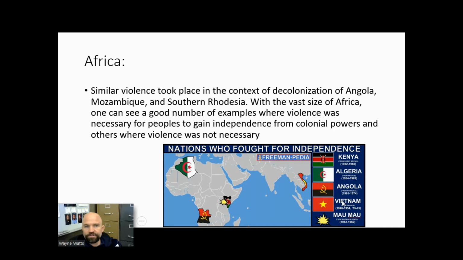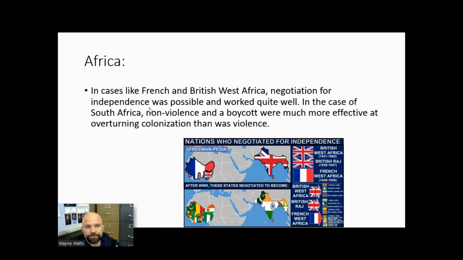Similar violence took place in the context of decolonization in Angola, Mozambique, and southern Rhodesia. With the vast size of Africa, one can see a good number of examples where violence was necessary for peoples to gain independence from colonial powers, and others where violence was not as necessary.